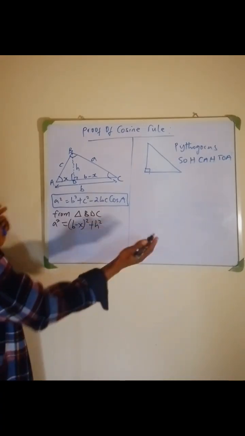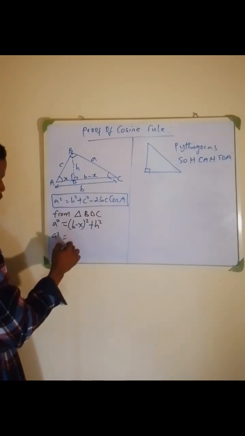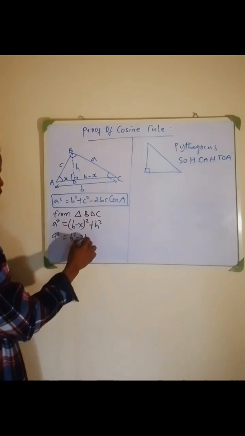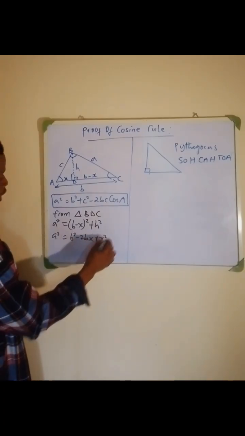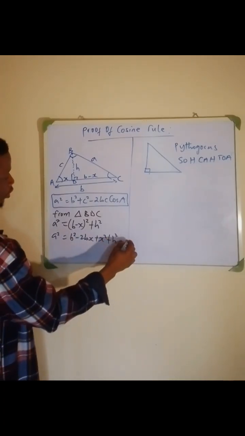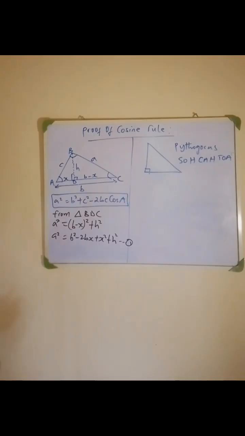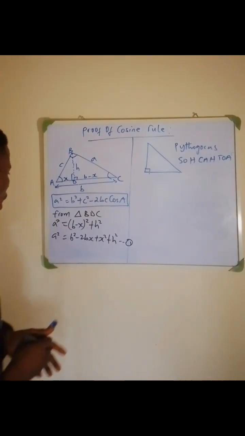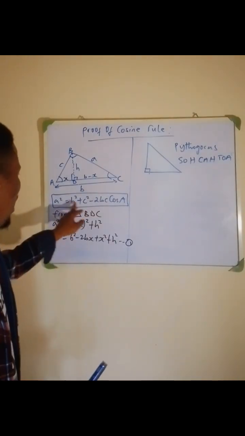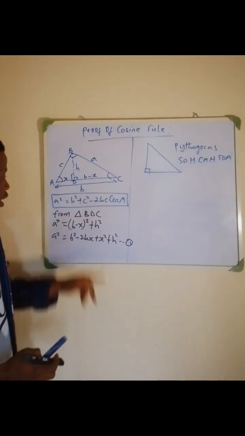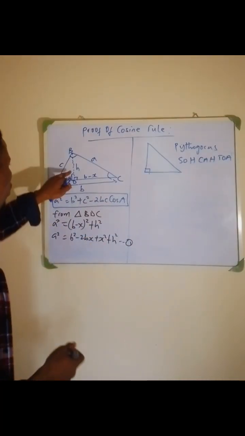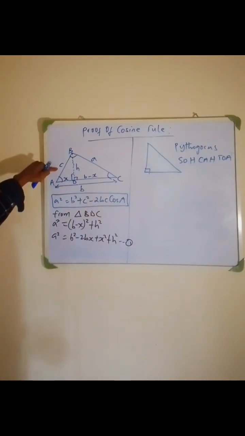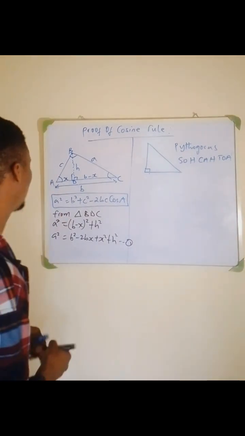You can expand this. We have a square equals b square minus 2bx plus x square plus h square. This is your first equation. It looks kind of similar to the cosine rule, except that there is no c and cos A. So we are going to look at this other triangle, because we have side c here.